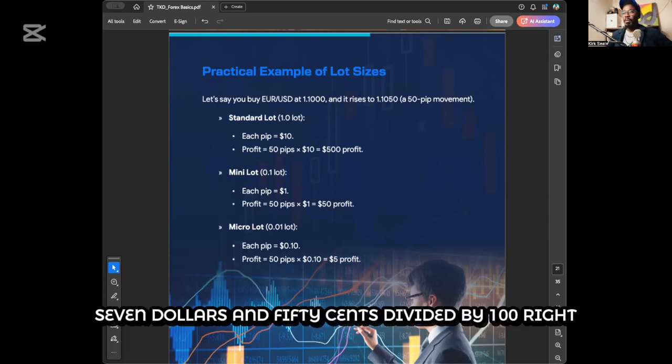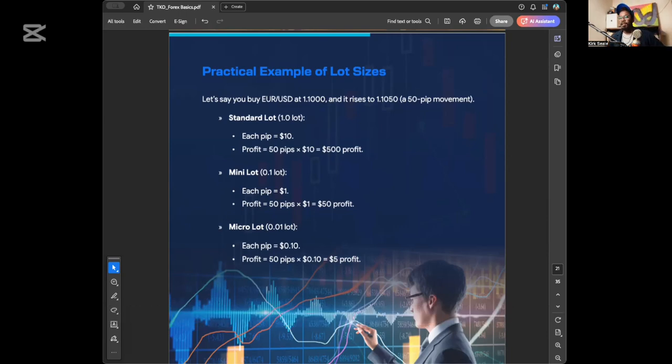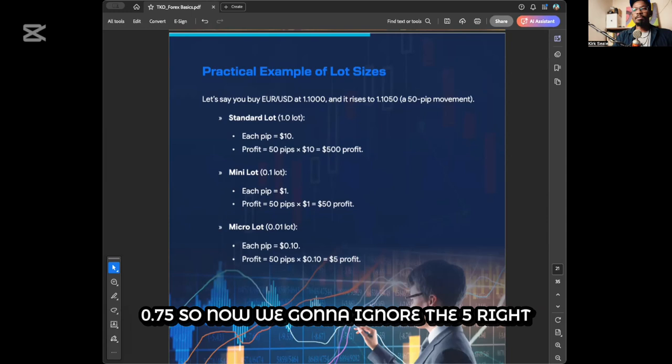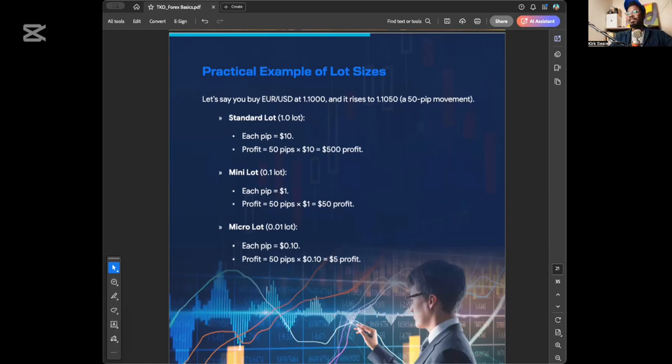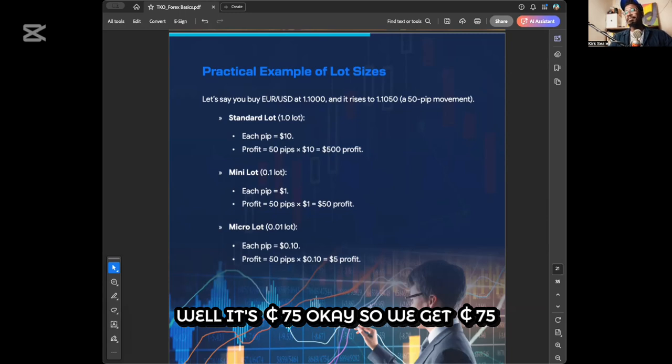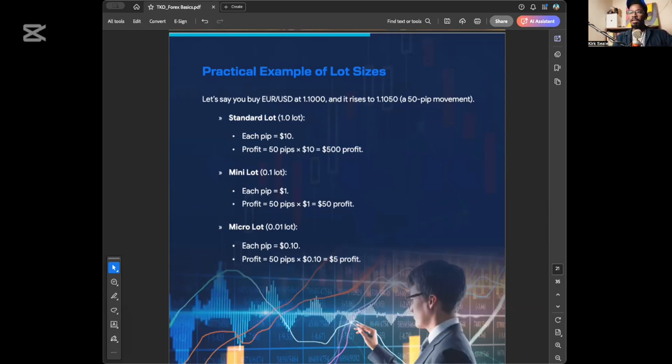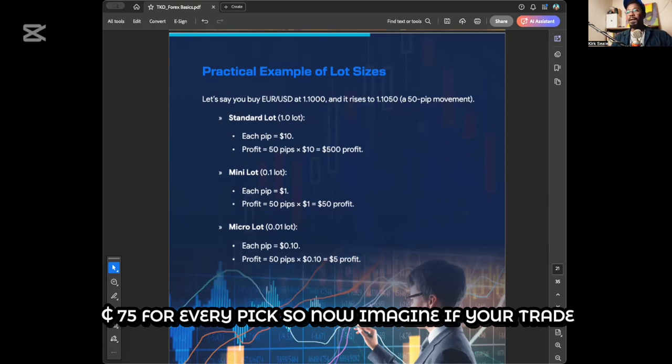Right, 0.75. Now we're going to ignore the 5, because the first two decimal places give us 75 cents. So we get 75 cents for every pip.